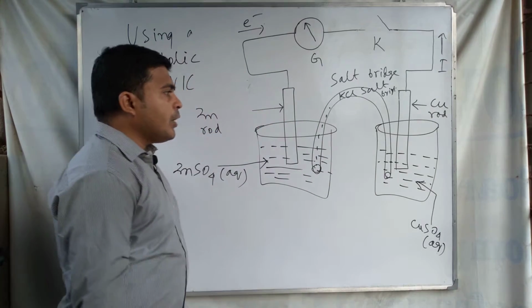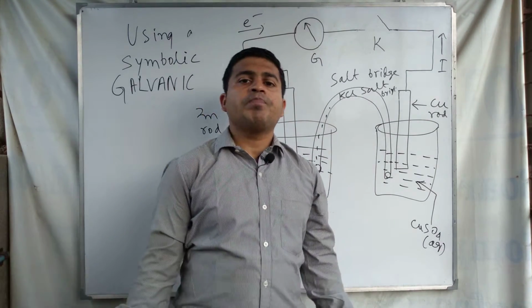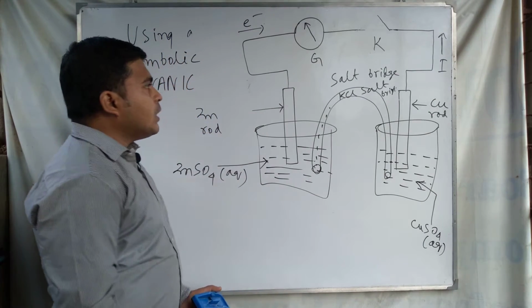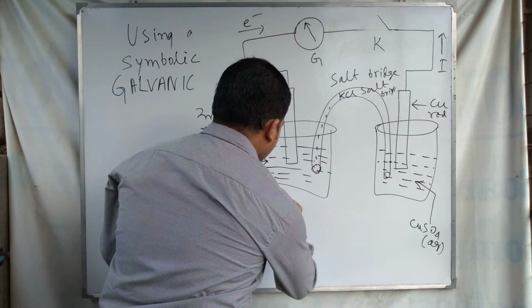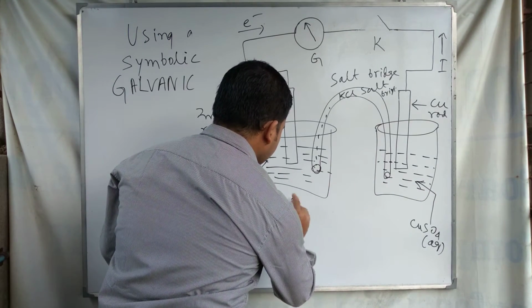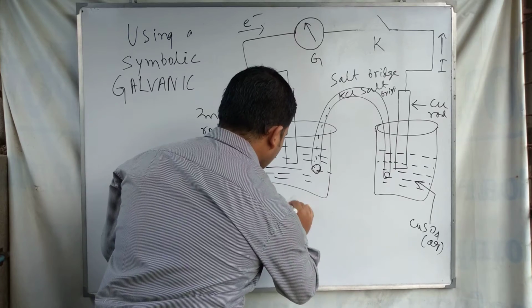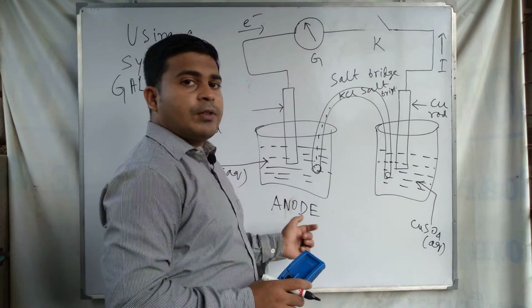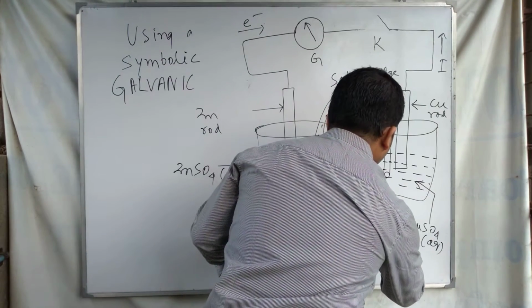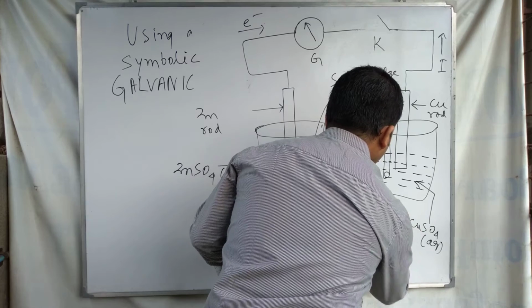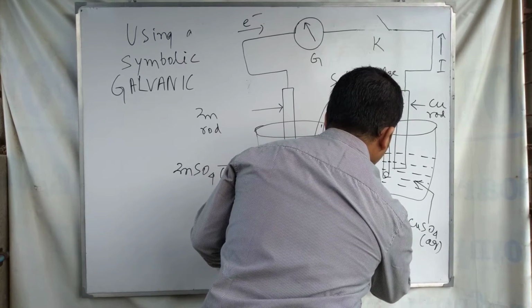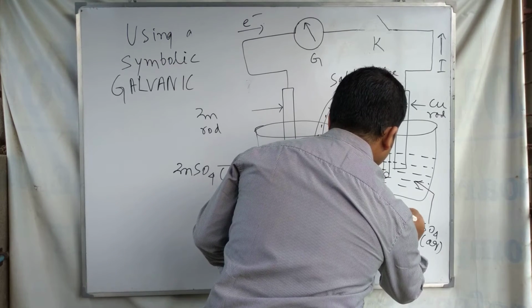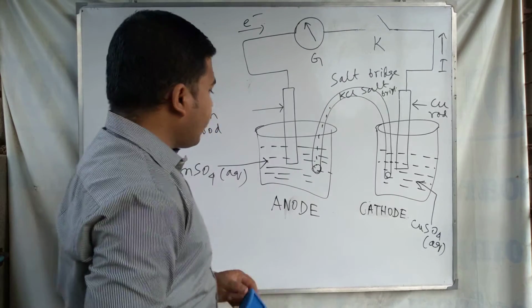Daniell cell: when zinc and copper sulfate solution react in a galvanic cell, this is called a Daniell cell. So in this galvanic cell, this one is the anode, which means the left hand side is the anode and the right hand side is the cathode.